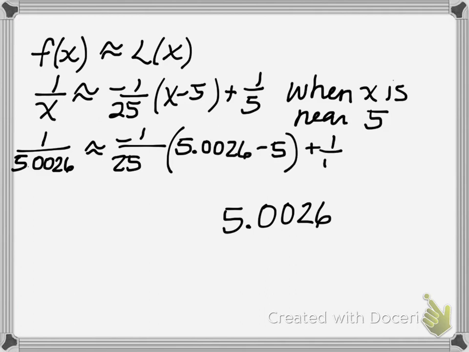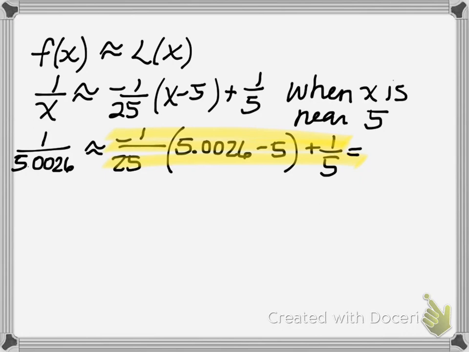And then you'll go ahead and get out your calculators and input the right-hand side here. So pause the video, of course, at any time to make sure you're putting everything in the calculator correctly. And this is going to equal about, let's see, 0.199896.